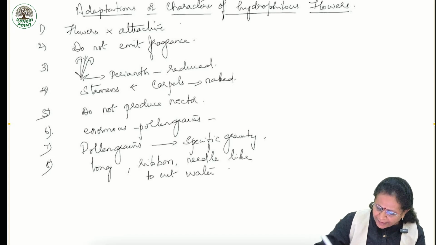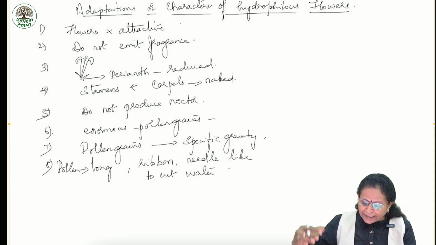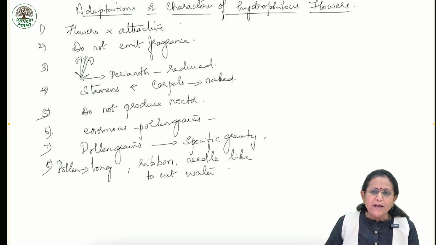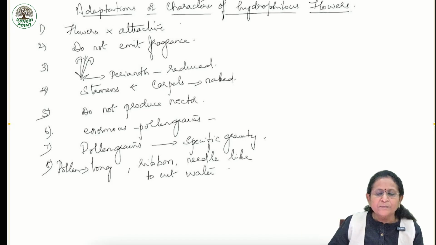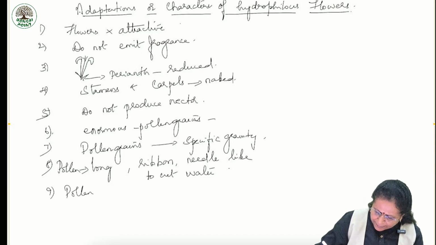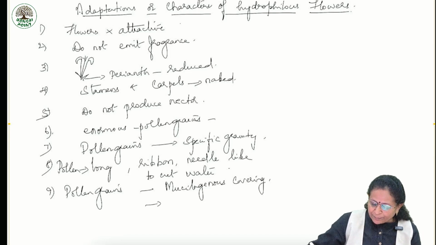So, what about pollen grains? Pollen grains are long, ribbon-like or needle-like to cut water, to bring about pollination in flowers which are submerged. One more special character of the pollen grains of hydrophilous flowers is that they have a mucilaginous covering. This protects the pollen grains from getting wet.